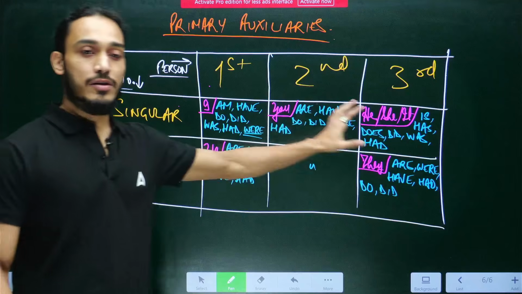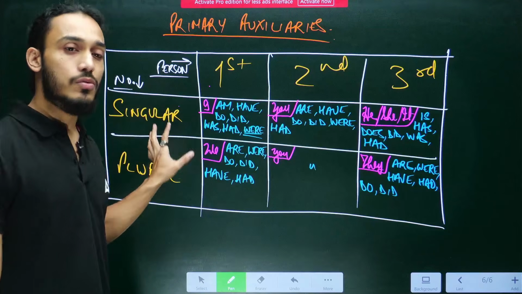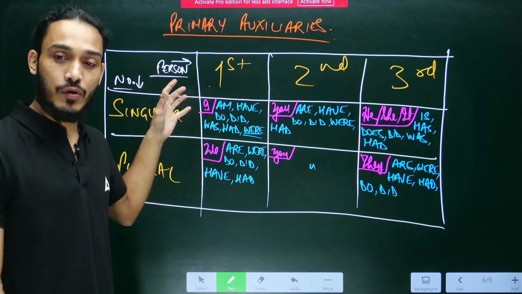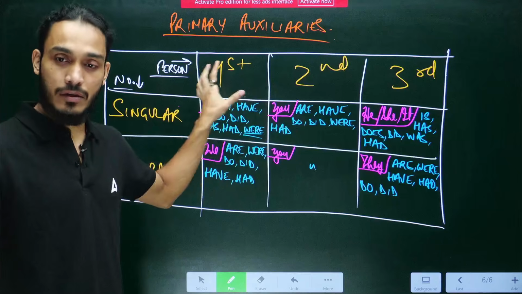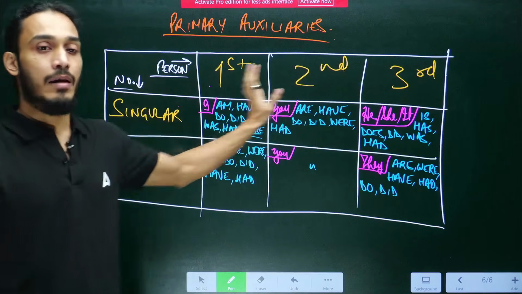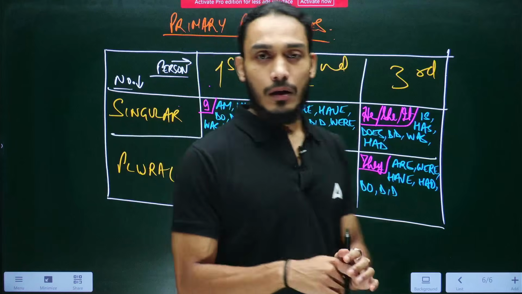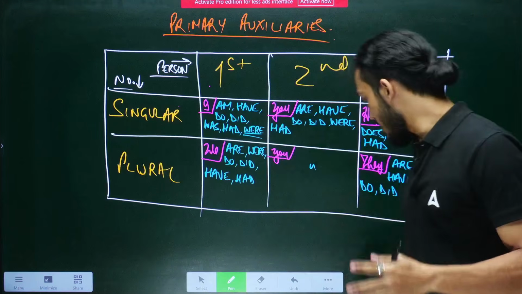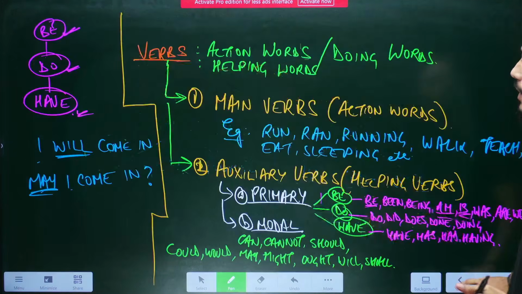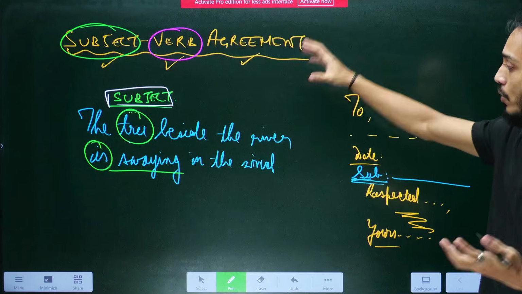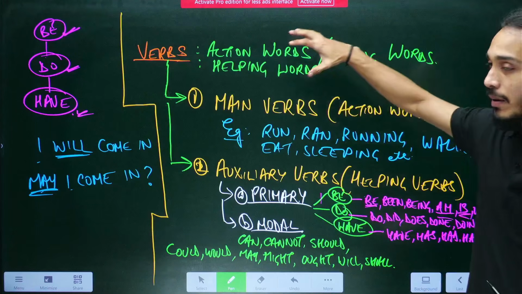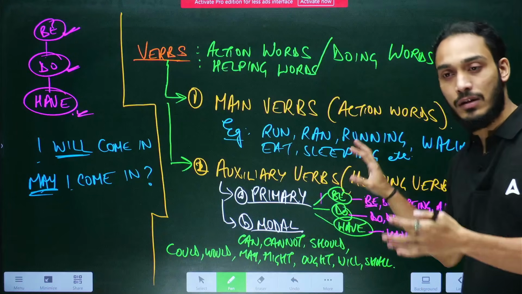So for primary auxiliaries, this is the chart that we can always use to understand what the subject argument rules are for different primary auxiliary verbs in terms of number and person. Clear? So now we have understood subject argument on a foundational level. What is a subject, what is a verb? We now know how to understand what a subject is. We now know how to remember what verbs are, all their classifications in a simple way.